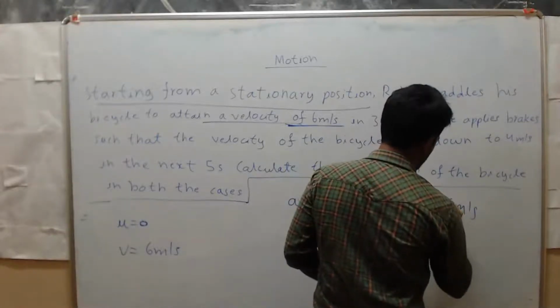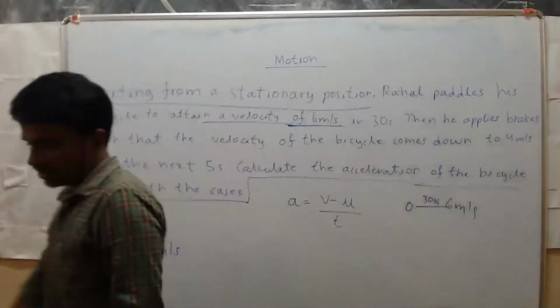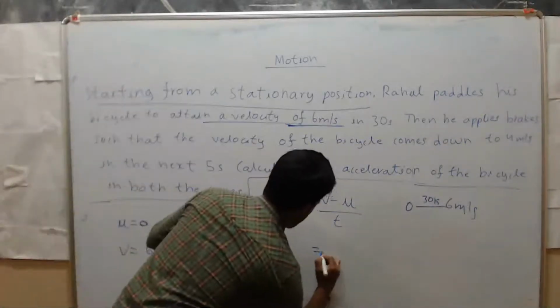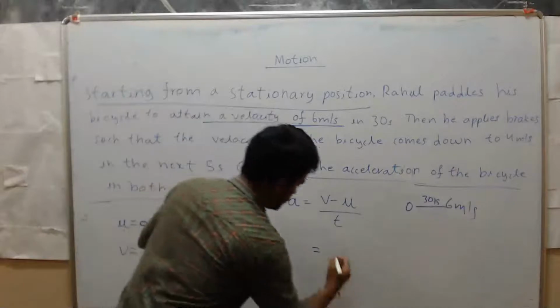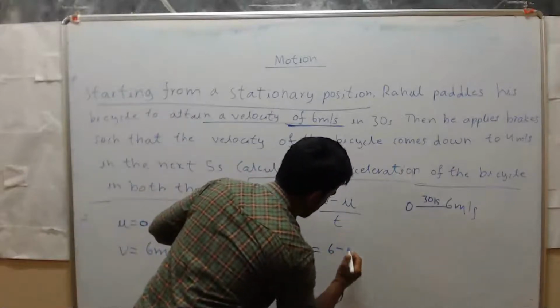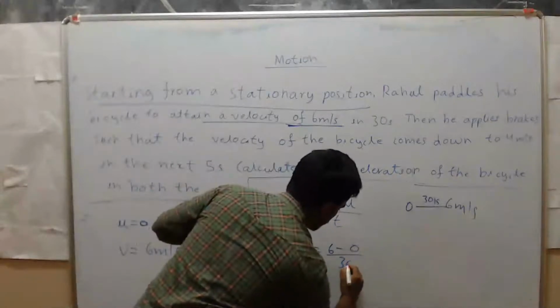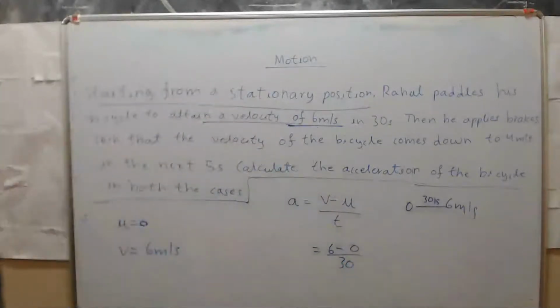So now substitute the values. The final velocity is 6 and initial velocity is 0. Then time is 30 seconds.